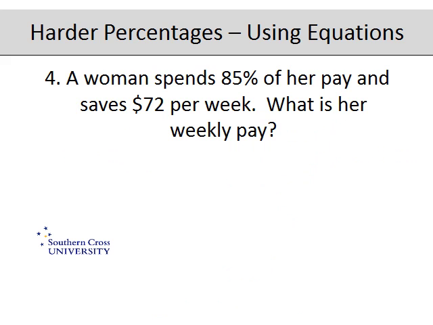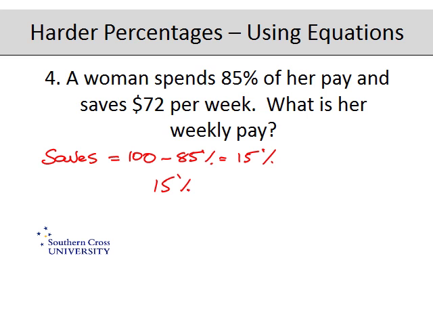And the last question, a woman spends 85% of her pay and saves $72. What is her weekly pay? Okay, so if that's what she spends, the amount that she saves must be 100% minus the 85% that she spends, which is 15%.